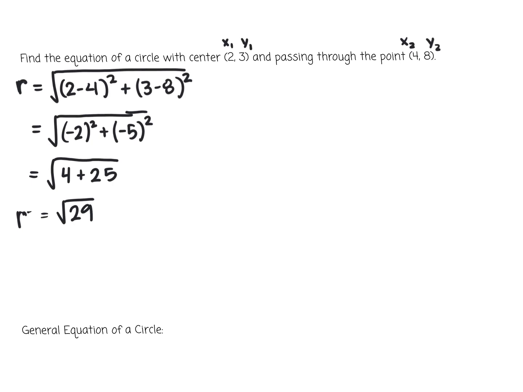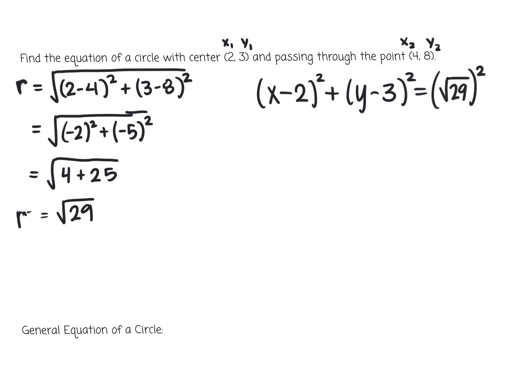So when I put it in my equation, I'm going to do x minus the x value from my center, 2 squared, plus y minus 3 squared equals, and then I take my radius, the square root of 29, and square it. The reason why I didn't simplify the square root of 29, which is not a perfect square, and I didn't come up with a decimal, is because the equation of a circle squares the radius.